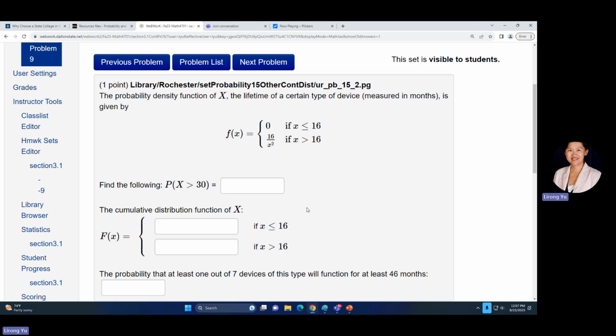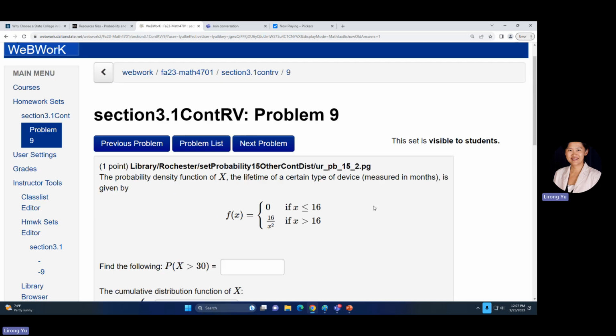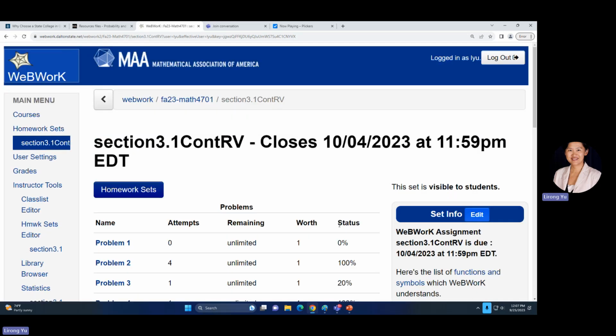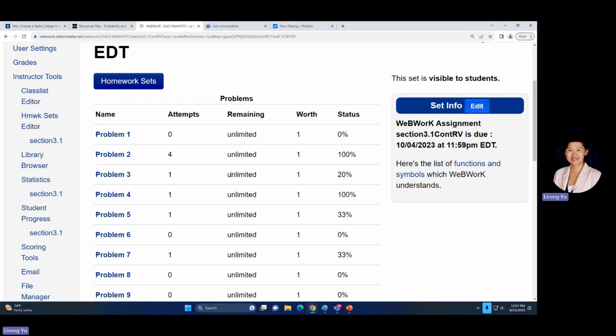You're integrating this function to get that probability. So in the continuous case, probability calculation becomes an integration question. And then the cumulative distribution function will be an integration of these as well. So you can see as we move on to the continuous case, the questions can be a little bit difficult.